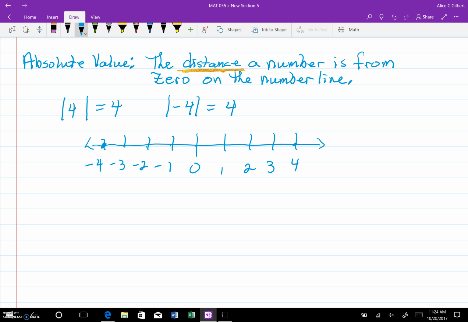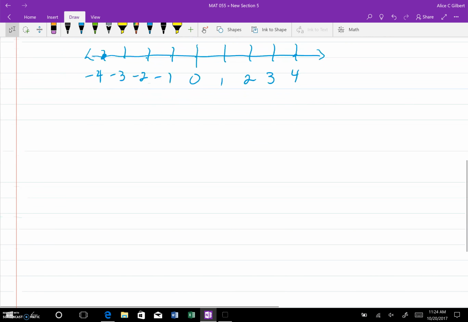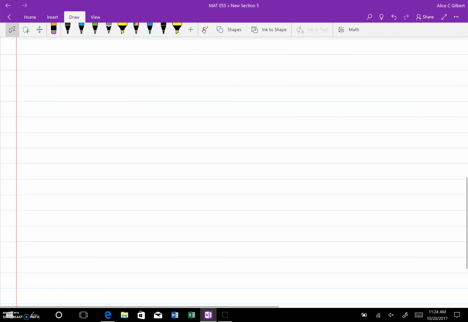So what we are going to work on now are absolute value equations and inequalities. So what if we said the absolute value of x equals 4? Well, what are all our possibilities for our answers? Think about this just a moment and then come back.